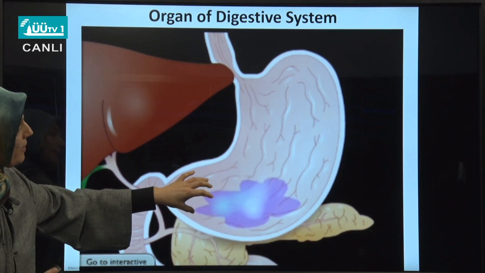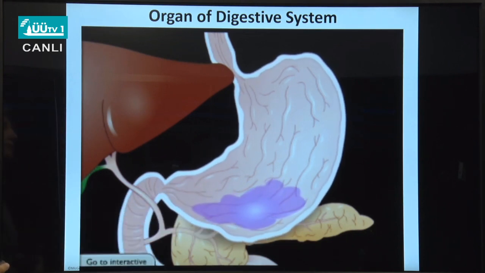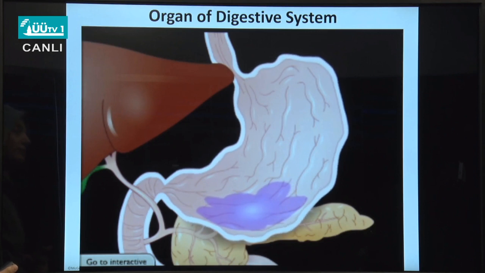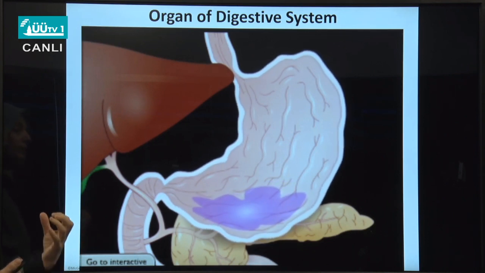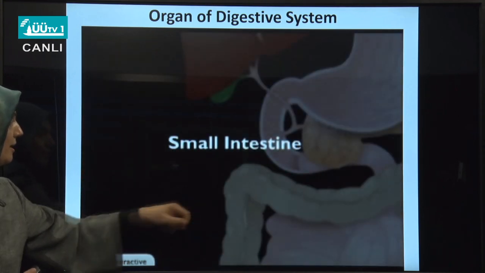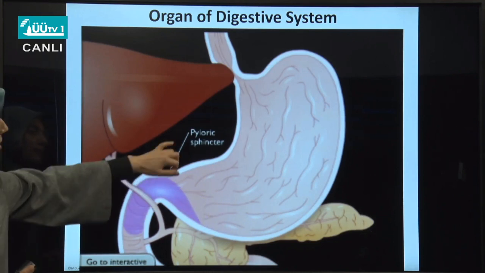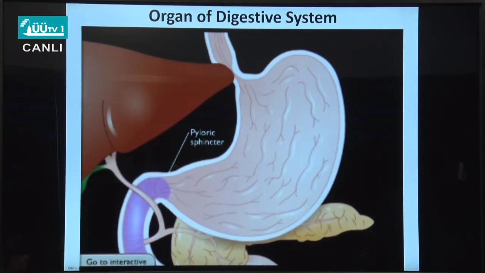And by the aid of stomach muscle contractions, the food is converted into a thick liquid called chyme, and then chyme enters the small intestine through the pyloric sphincter.